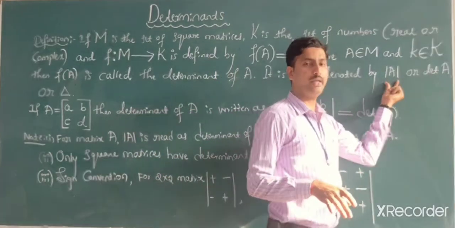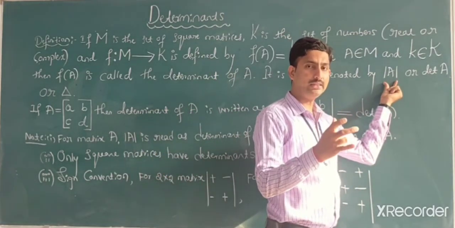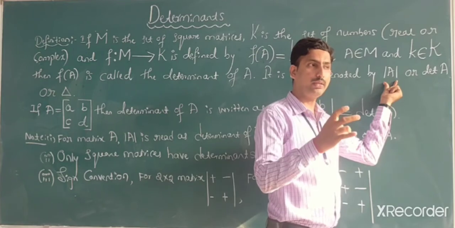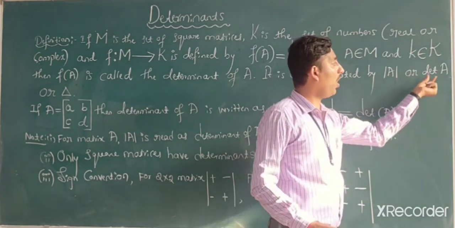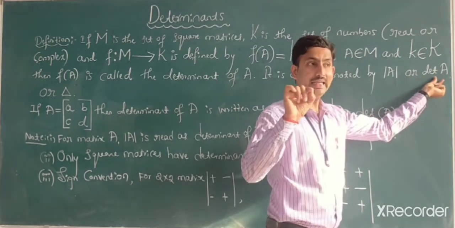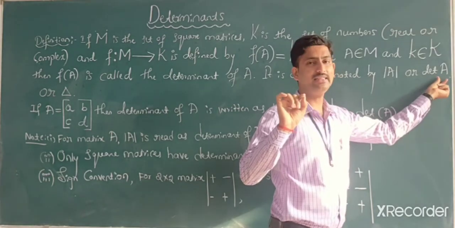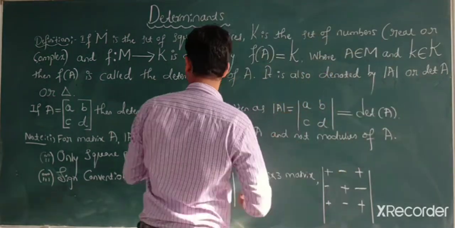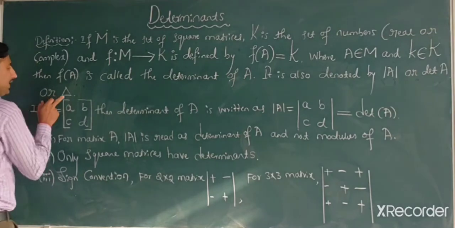Or you write it as dt of A, small dt of A, that is determinant of A. Or you write delta.